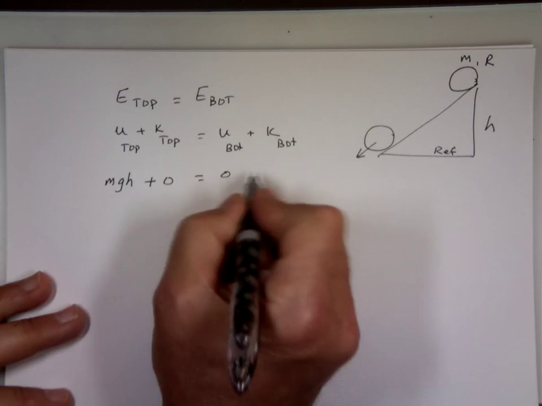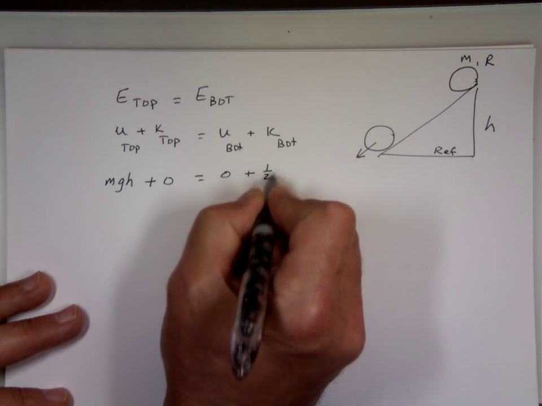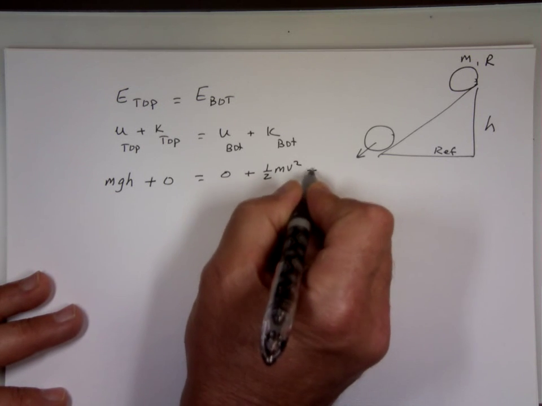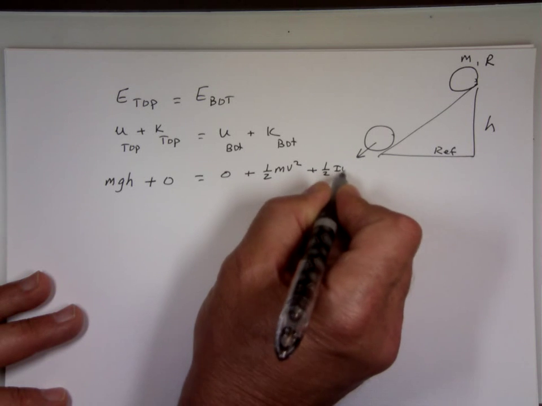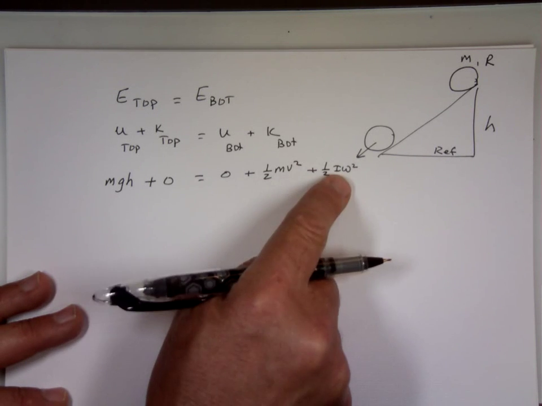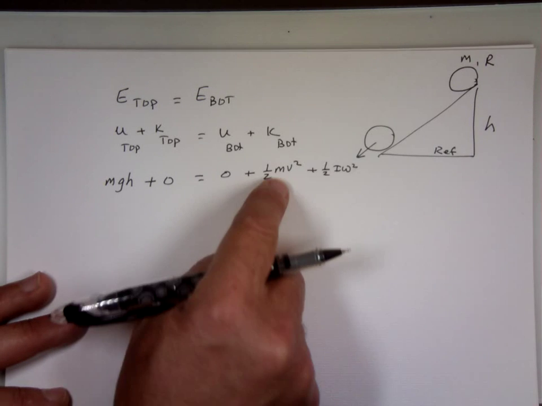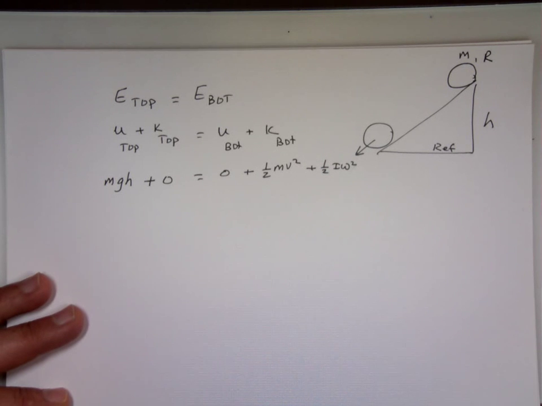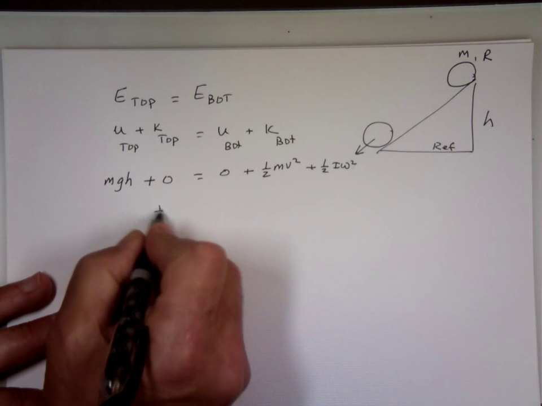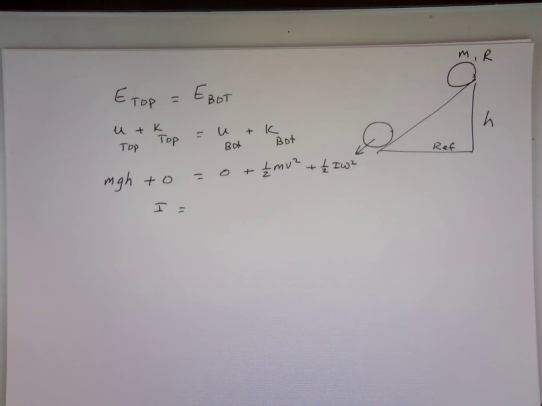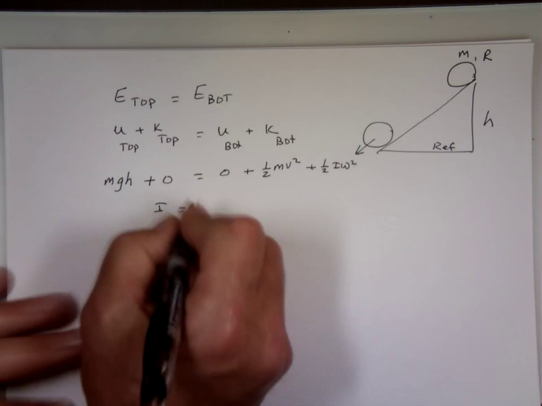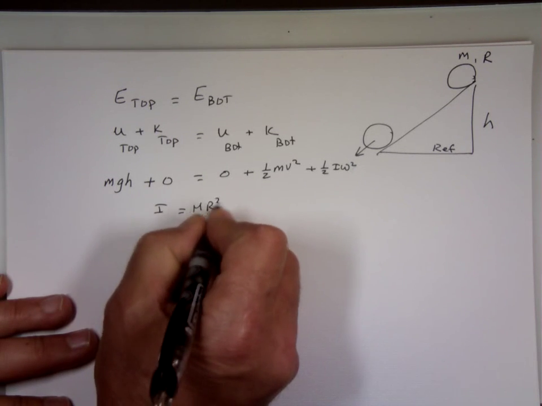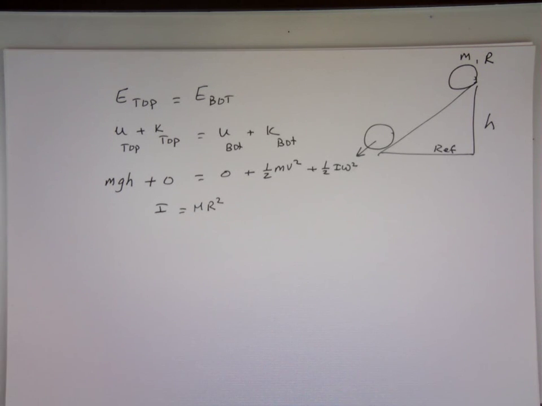Kinetic energy is 1/2 mv squared plus 1/2 I w squared due to moving down in this direction, that's this one, and also spinning, that's this one, rotation. But the inertia is different here. The inertia for a disc is 1/2 mr squared, for a hoop it is mr squared.